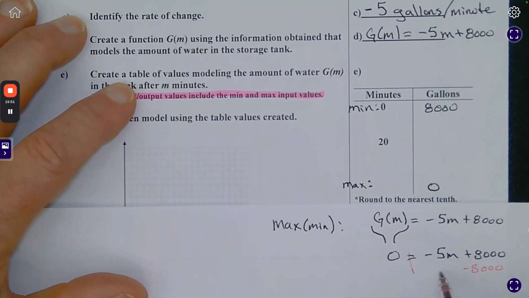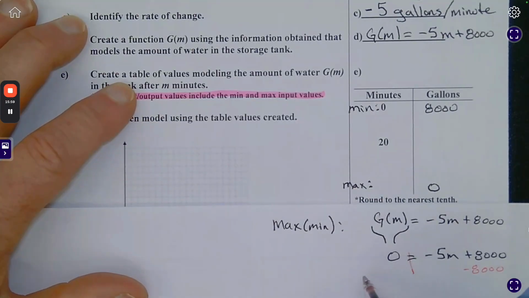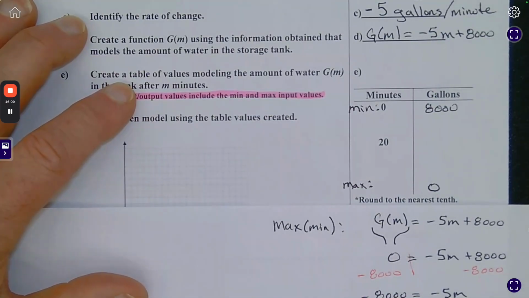Ooh, you know what? You could actually add 5M to both sides if you want. That would be cool, but I'm going to keep going this way. But honestly, if I had to do it all over again, I think I might change my mind. So that's negative 8,000 equals negative 5M, because I like to put my variables on the left. Now I'm going to undo multiplying by negative 5. That's dividing by negative 5.